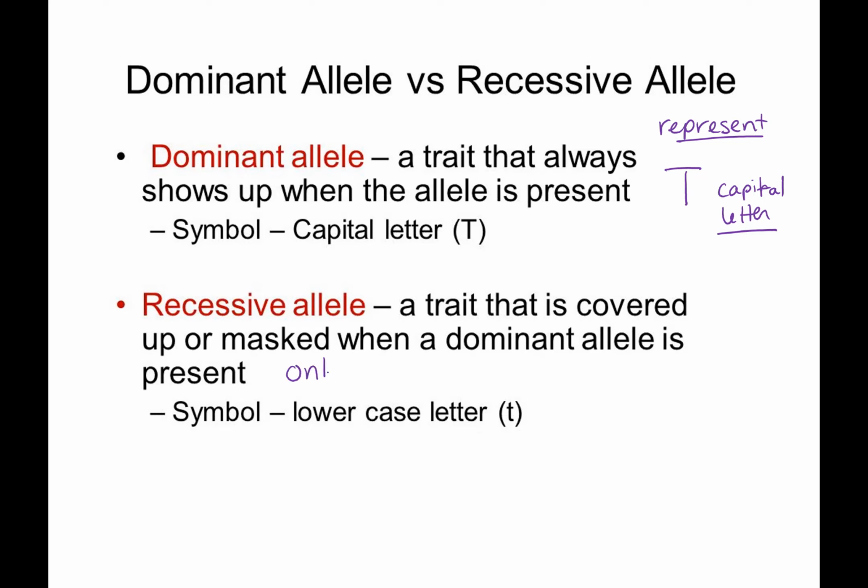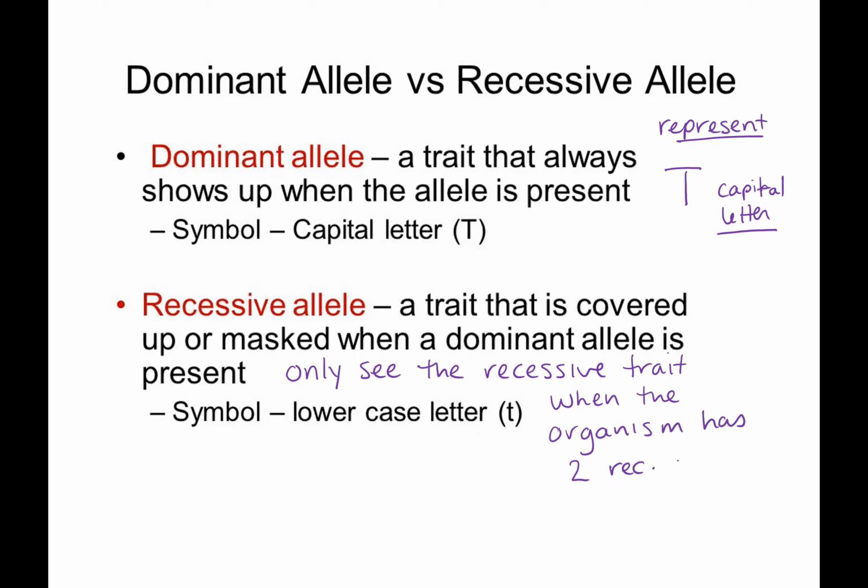So you only see the recessive trait when the organism has 2 recessive alleles.